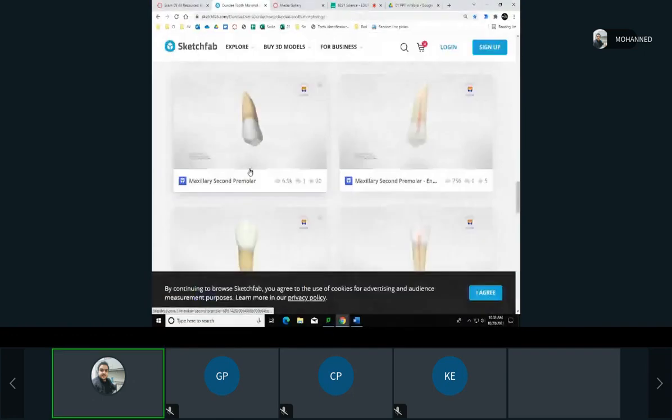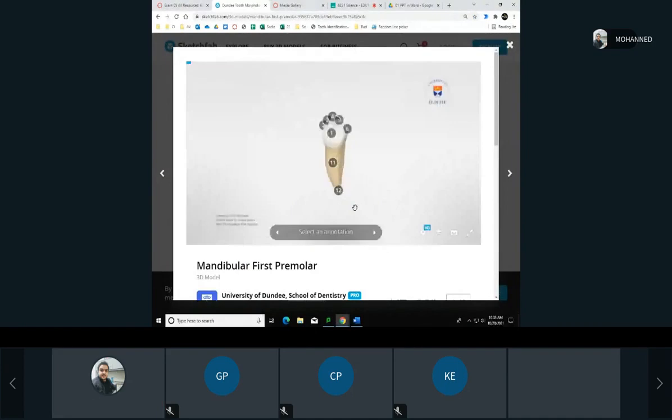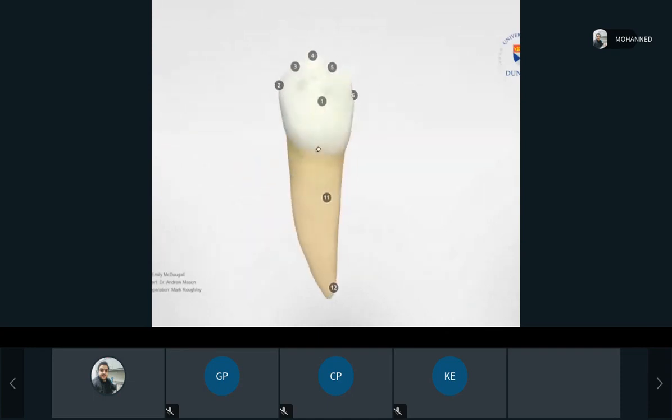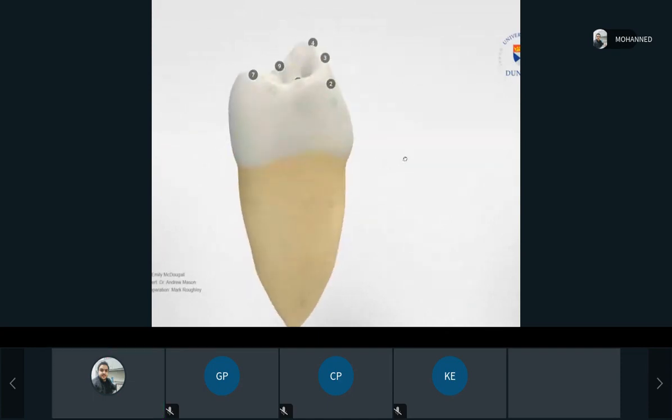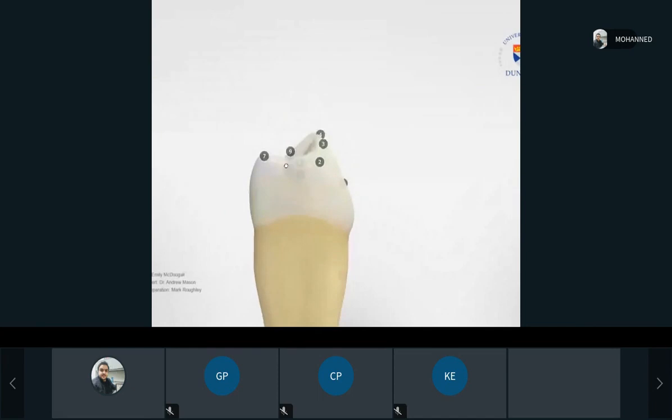Starting with the mandibular first premolar. So it has also how many cusps? Two. And which one is the bigger or dominant one? The buccal one, right?